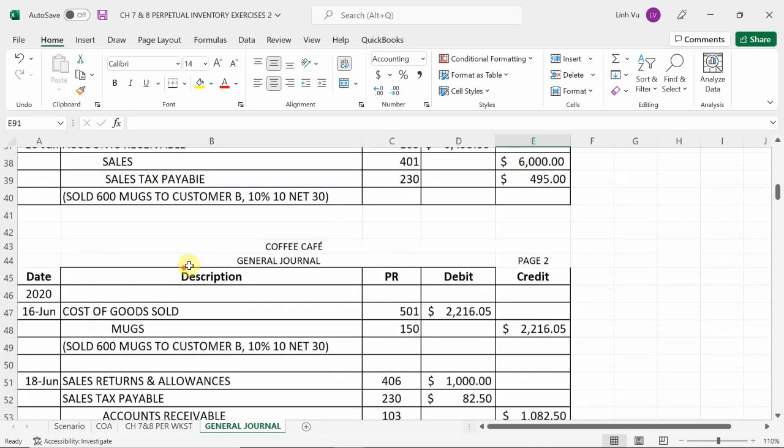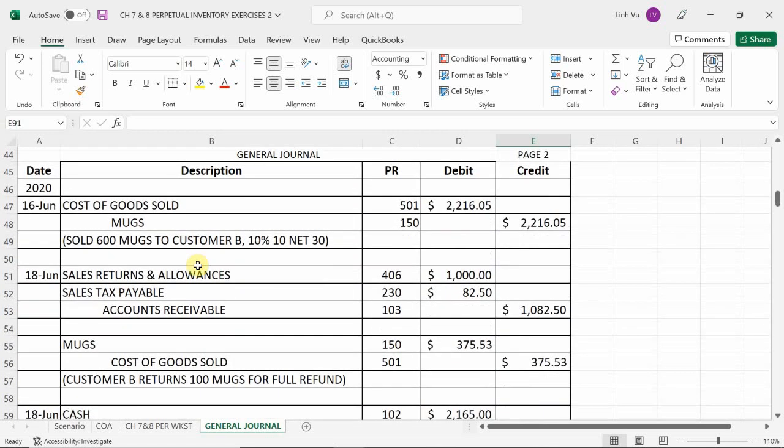And then we ended up refunding customer B $1,082.50. So that means we adjusted his account balance, right?